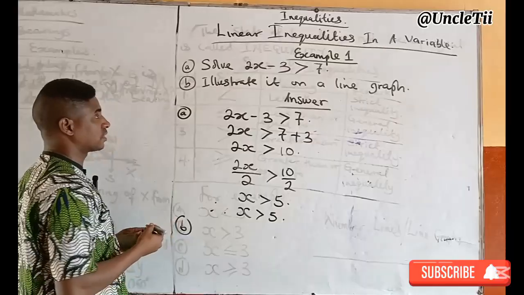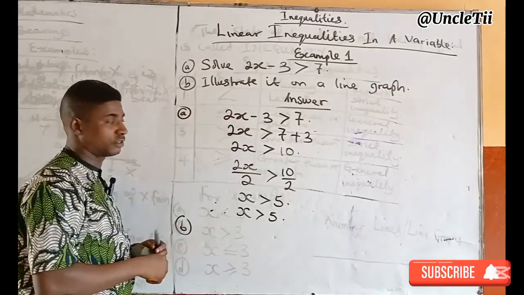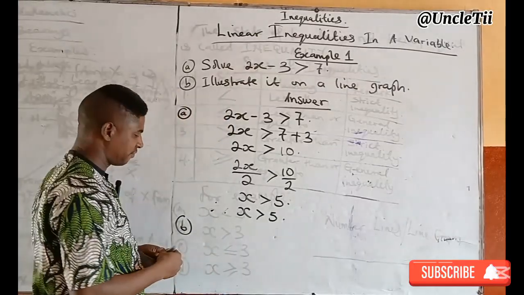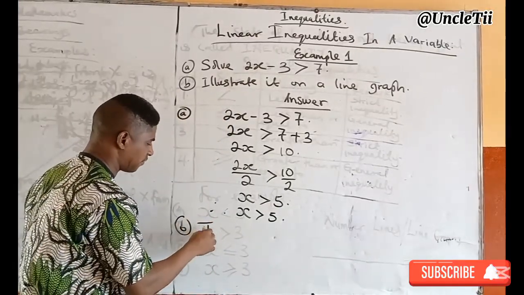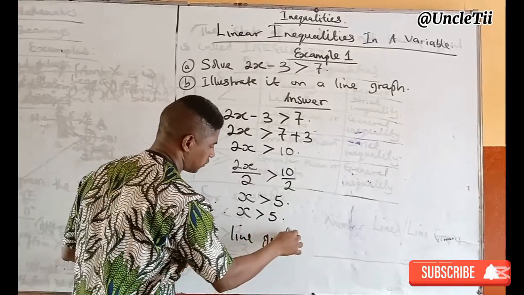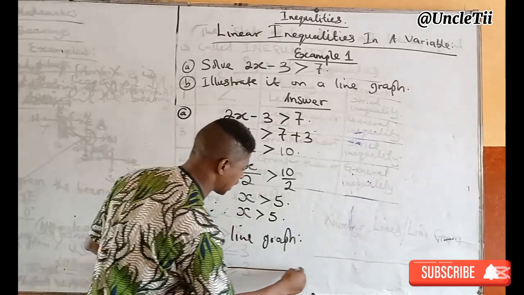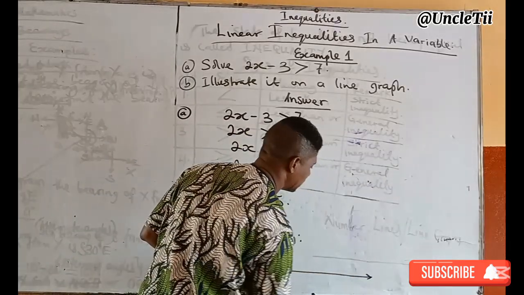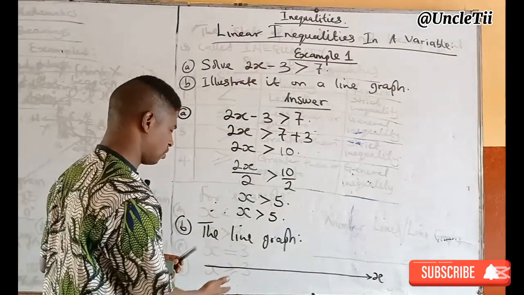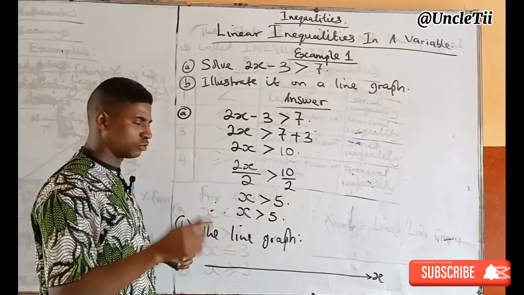Now to the second question, B. We are told to illustrate the solution of 2x minus 3 greater than 7 in a line graph. So we have the line graph. Don't forget that we had established that the line graph is an x-axis bearing an arrow. Of course, a typical x-axis will be calibrated or graduated.